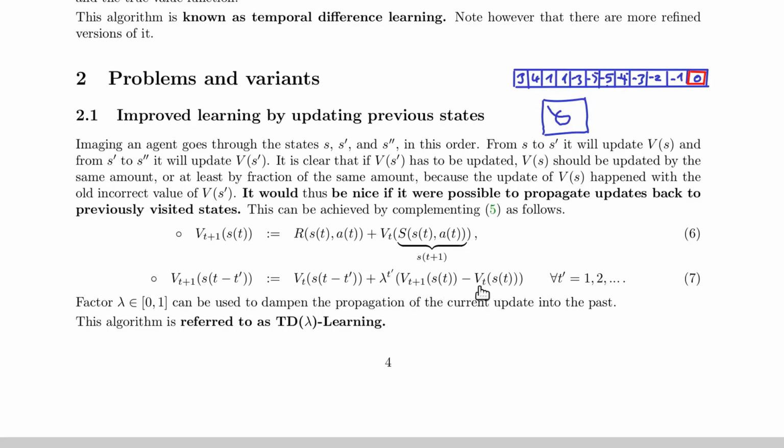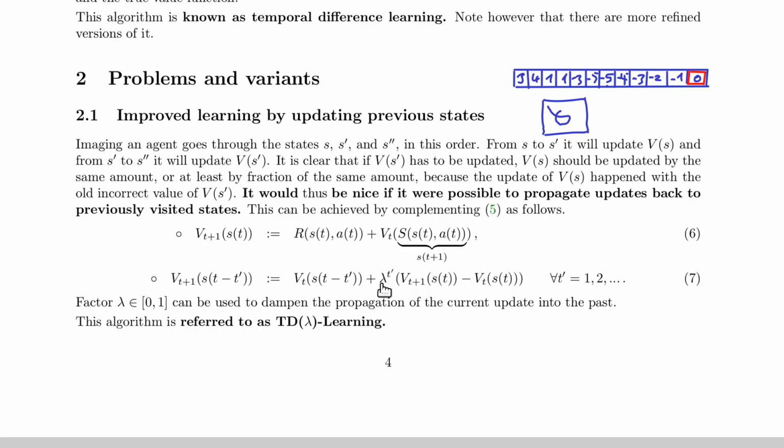This is the update of the current state, and this is the current value of previous states. So you simply correct the previous states by the adaptation of the current state.